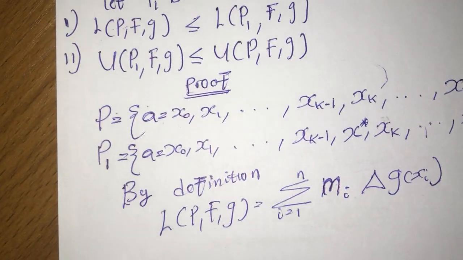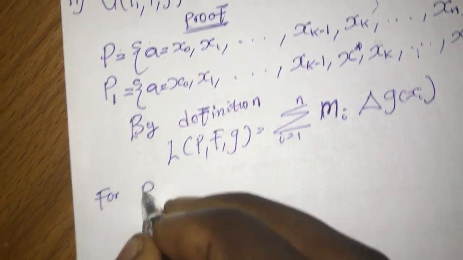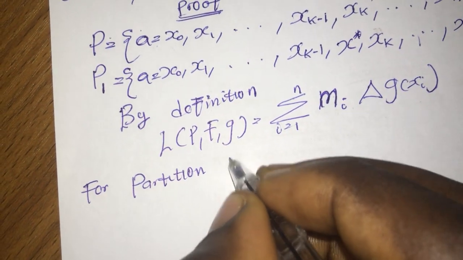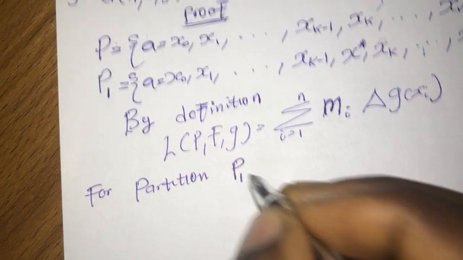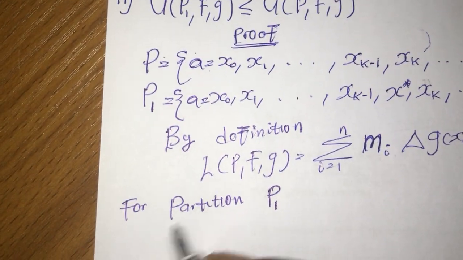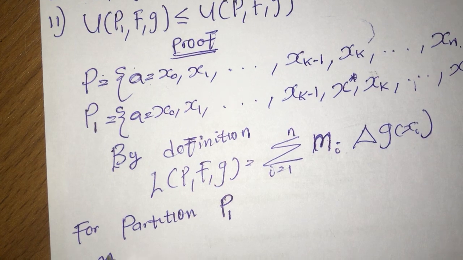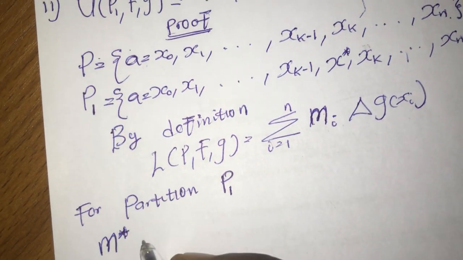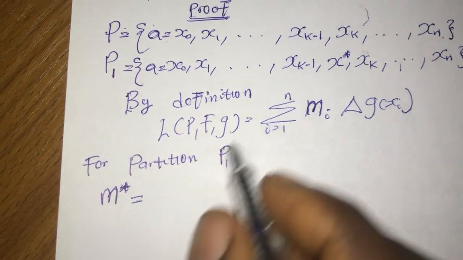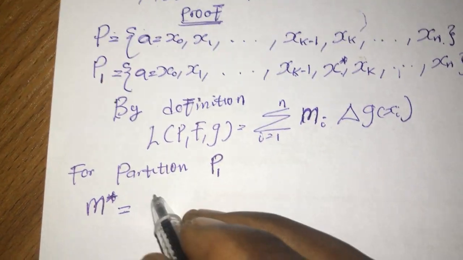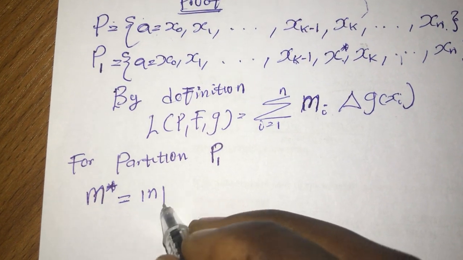So let's do it for partition P1 now. That is, I'm talking of this now. Let's give the small m, that is m star, to be equal to, now let's define it for this region, from this range to this range.